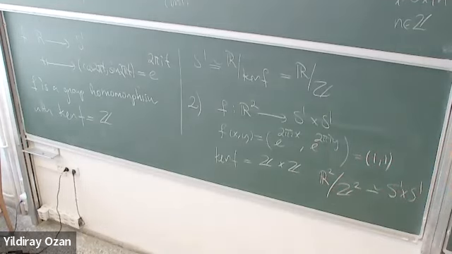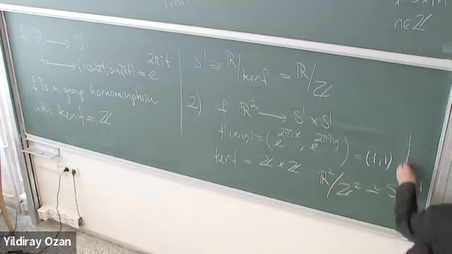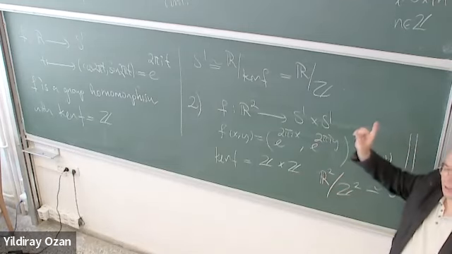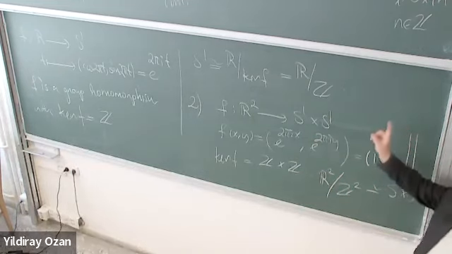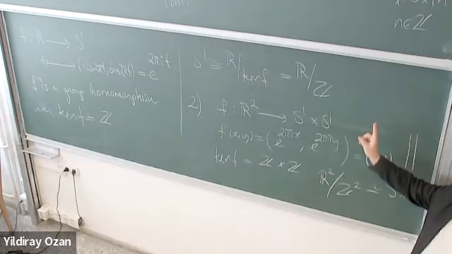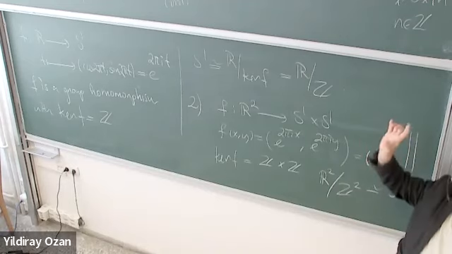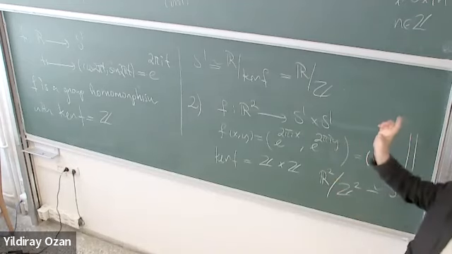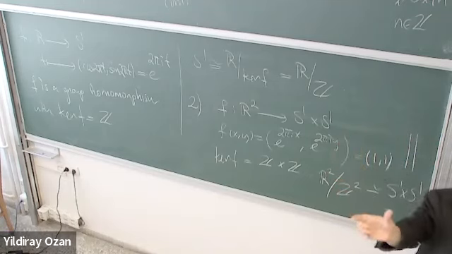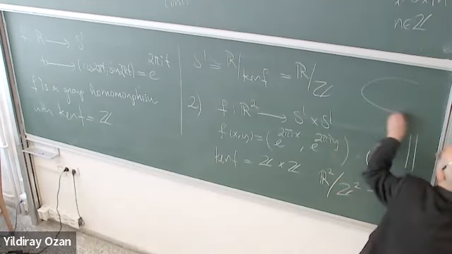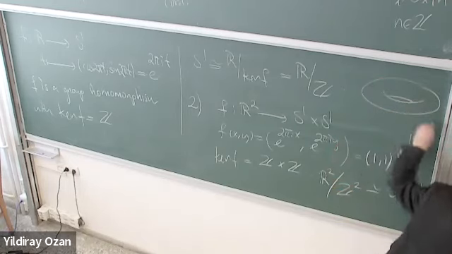Okay. Of course, topologically, S1 times S1 is just, what is this? You take a circle and you actually have S1 copies of the circle. So you take a circle in space and then just rotate it along a circle. What you get is, of course, a torus like this, right?